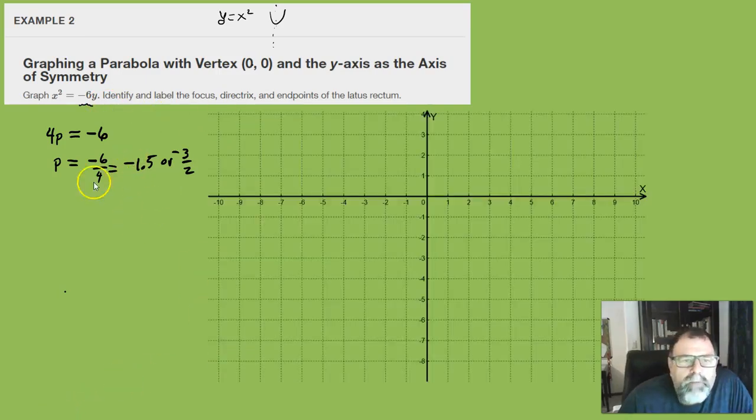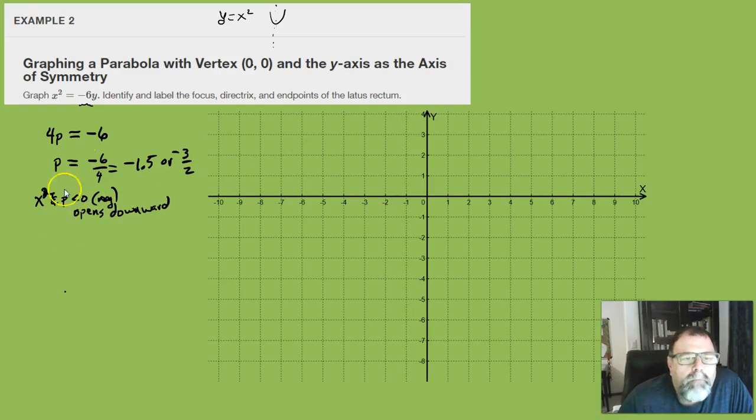Okay, so we want to graph it now. We know that we have x squared and p is less than 0. It's negative. That means it's x squared, opens downward.